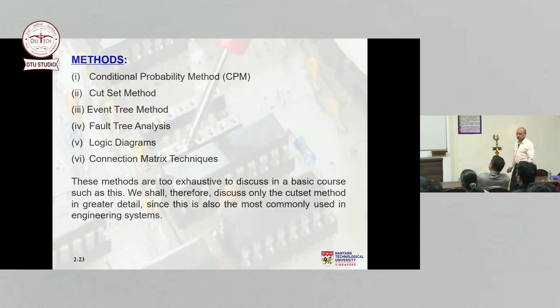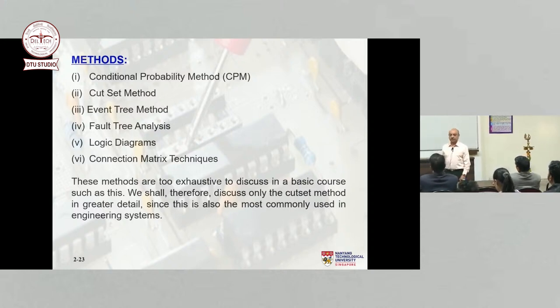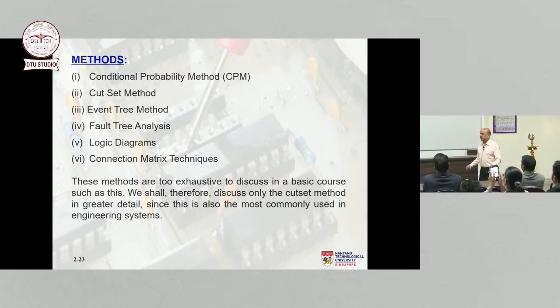There are many methods to solve these complex systems, and there are at least 6 techniques available in the literature. I have studied all of them and used quite a few in my own research, but for the purpose of this course we shall restrict ourselves to perhaps the most powerful, the cut set method.